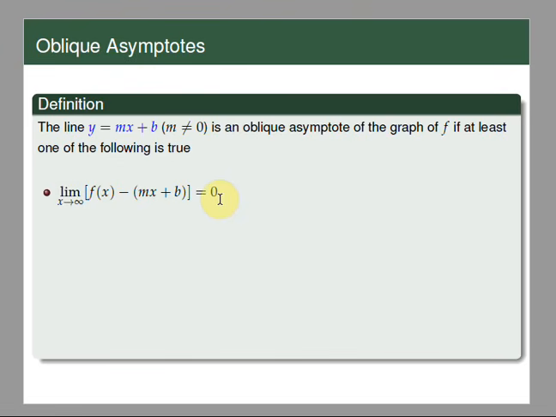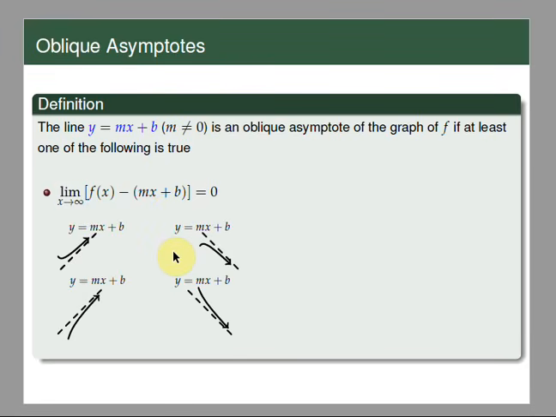Okay? In the graph, that means when the function goes to the right indefinitely, the function gets nearer and nearer to the line y equals mx plus b, as shown in these four graphs or illustrations.